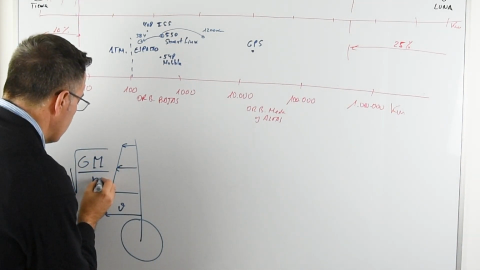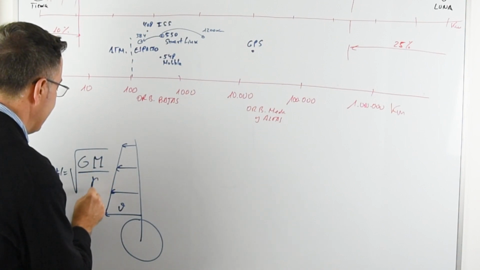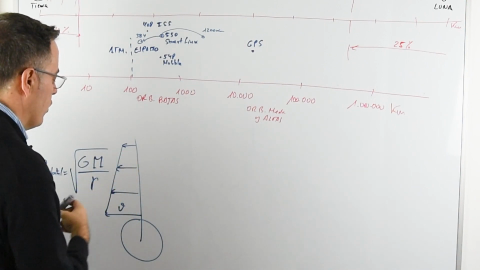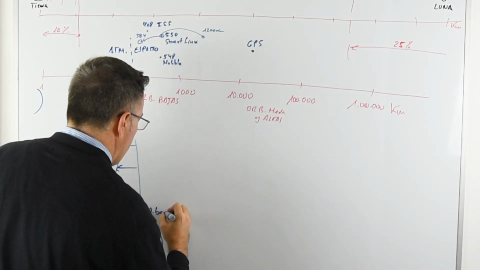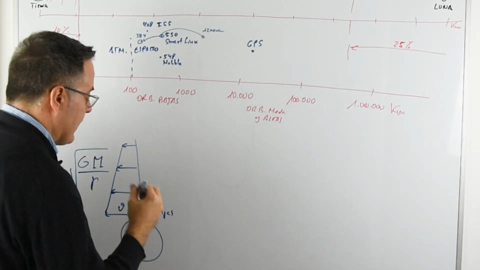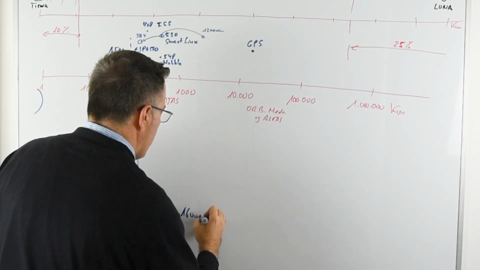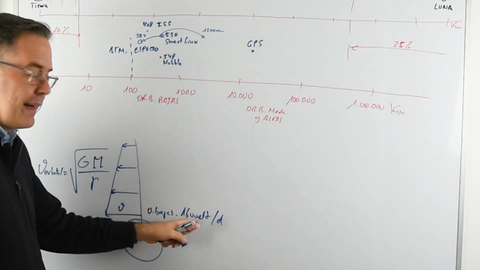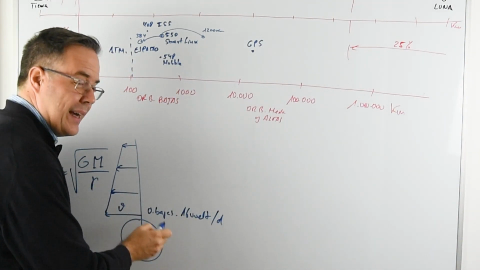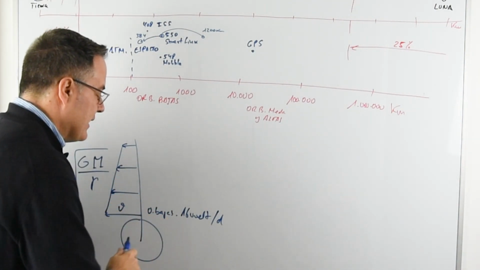So, for example, in low orbits such as the International Space Station, which is about 400 kilometers, we need 27,000 kilometers per hour to stay in orbit.